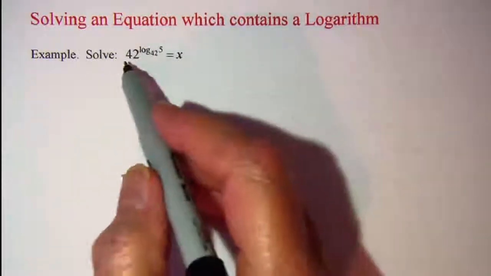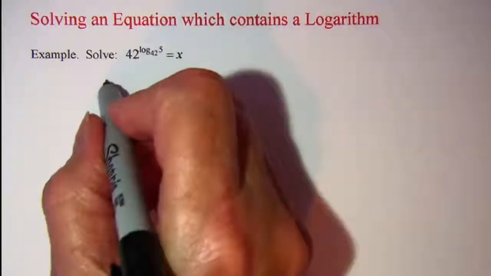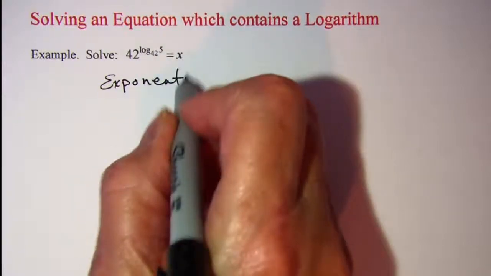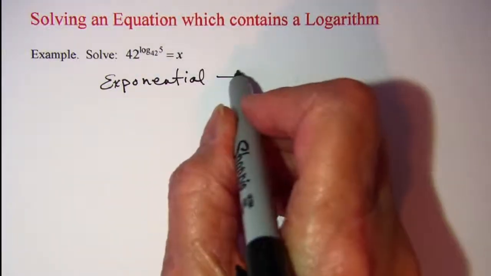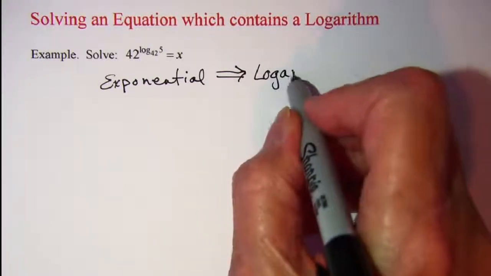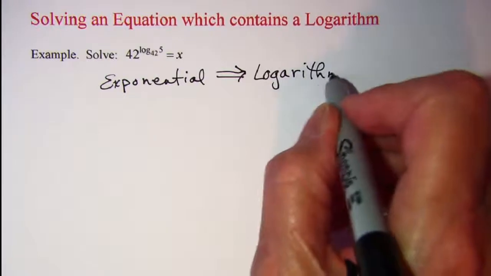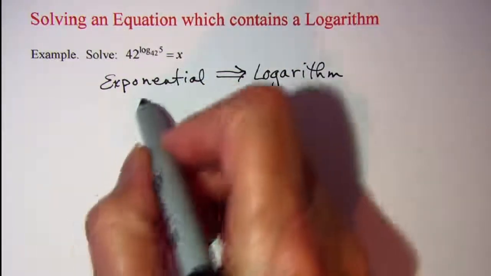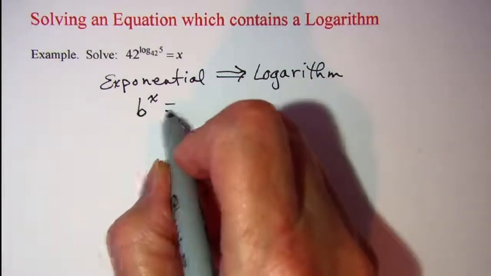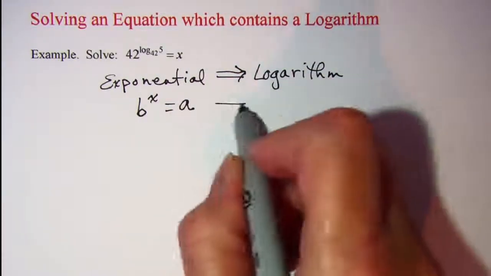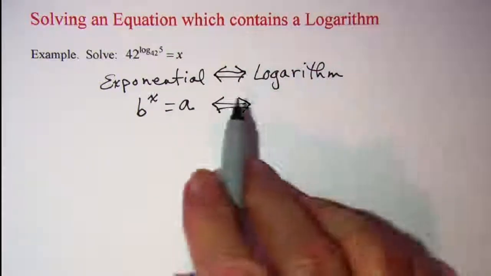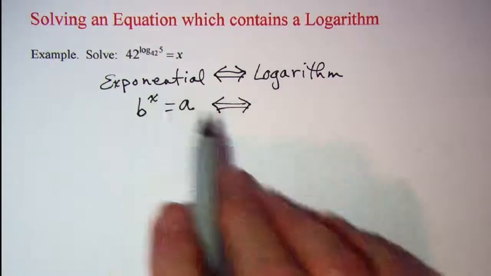Now, to change an exponential to a logarithm, if we have an exponential, b raised to some exponent x is equal to a, we can change that to a logarithm. By the way, this goes both ways, so you can change from a logarithm to an exponential.